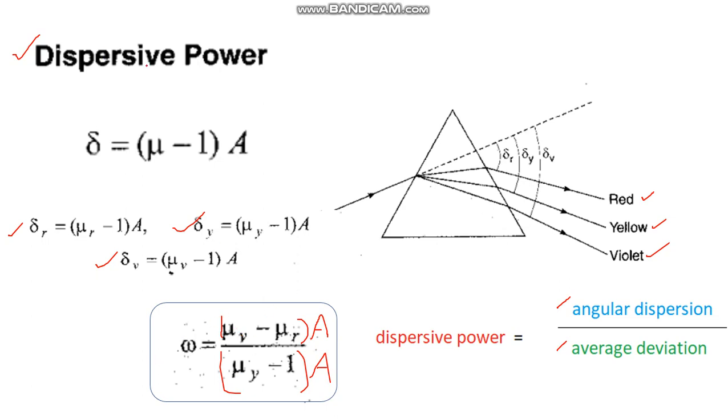So dispersive power is defined as omega is equal to mu V minus mu R divided by mu Y minus 1. If any numerical comes, you should remember this formula.